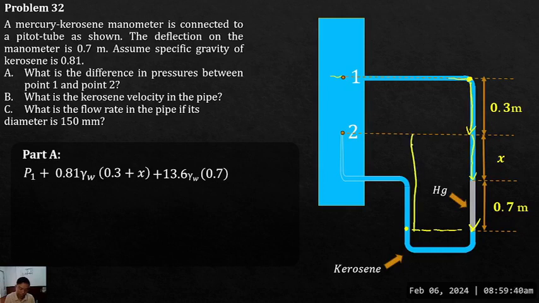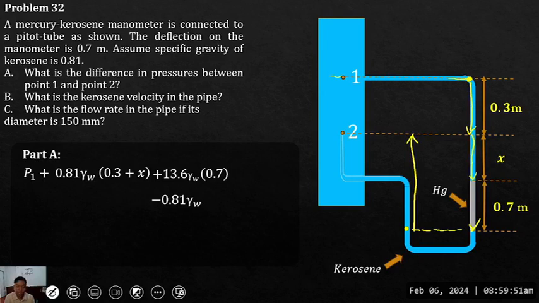So, yung total height natin is ganyan. Papuntang point 2, that is minus, kasi paakyat tayo, times 0.81 times yung gamma ng water, times yung total height natin na 0.7 plus X. Or pwede ding i-separate mo, whichever is more comfortable with you. Okay? Tapos, that is going to be equal sa pressure sa point 2.